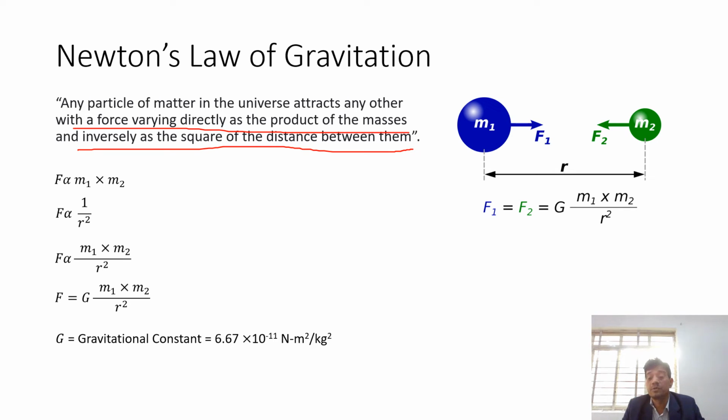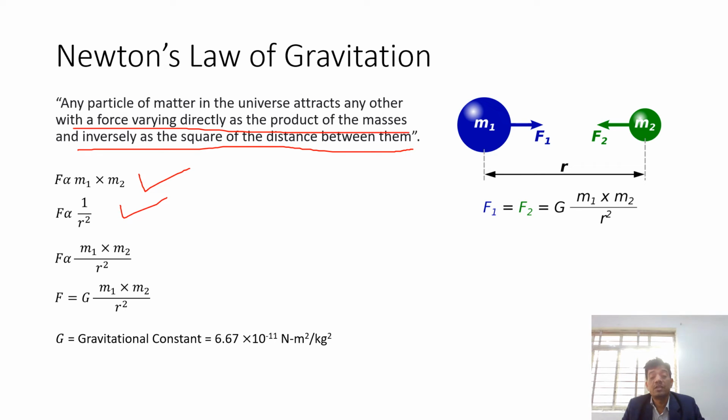There are so many forces between two bodies: gravitational forces, electrostatic forces between two charged bodies, nuclear forces between any two constituents of the nucleus, right? Here we are talking about the gravitational force. Between any bodies, there is a force of attraction, and that force is the gravitational force. This gravitational force is directly proportional to the product of their masses and inversely proportional to the square of the distance between them. So F proportional to m1 m2, proportional to 1 by r square.